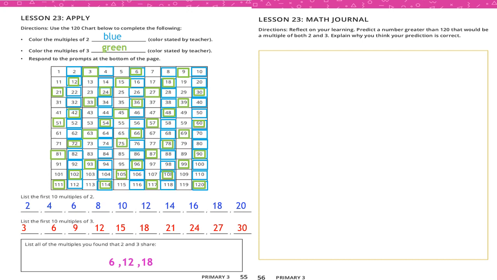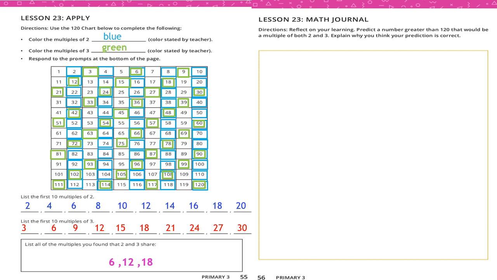So if we skip count by 6, these numbers will be in multiples of 2 and 3 together. And this is optional information as enrichment for you. You can just notice by your eyes, but I want you to know this information as enrichment for you.